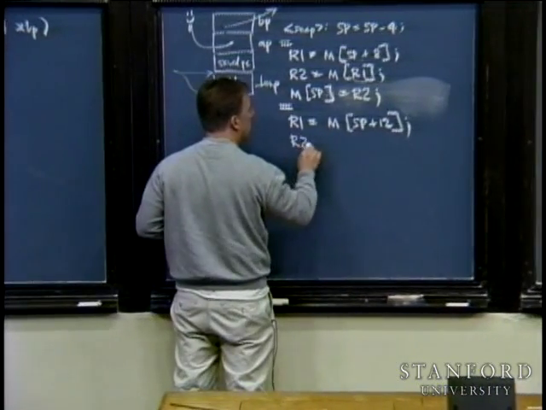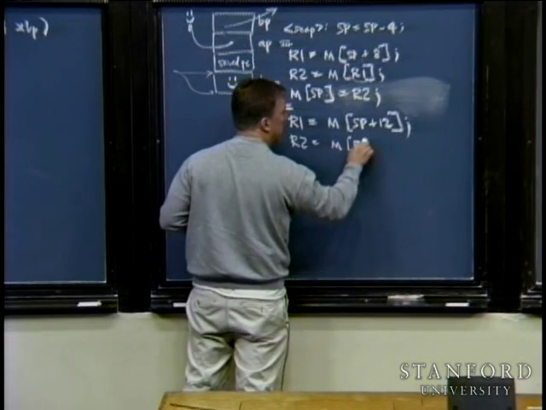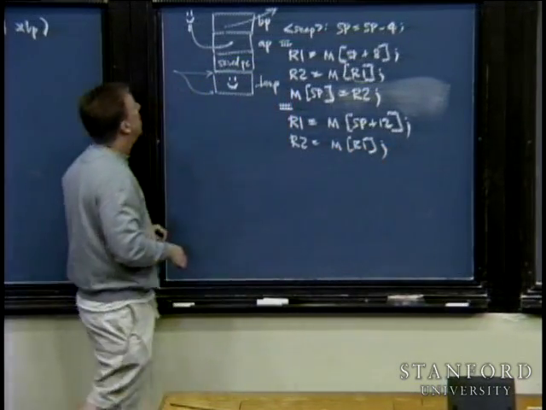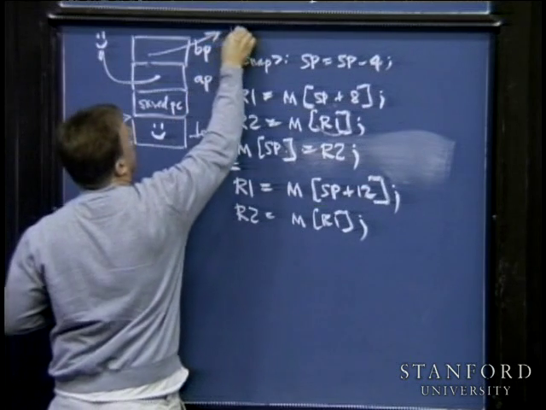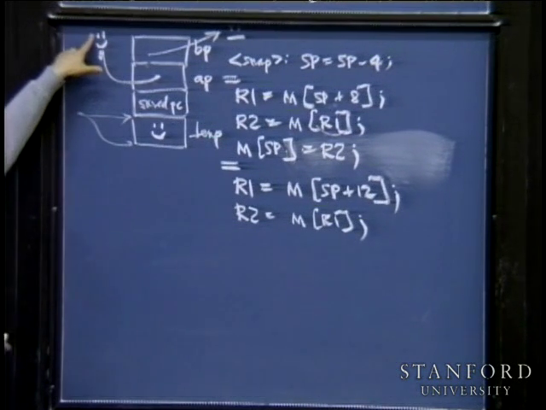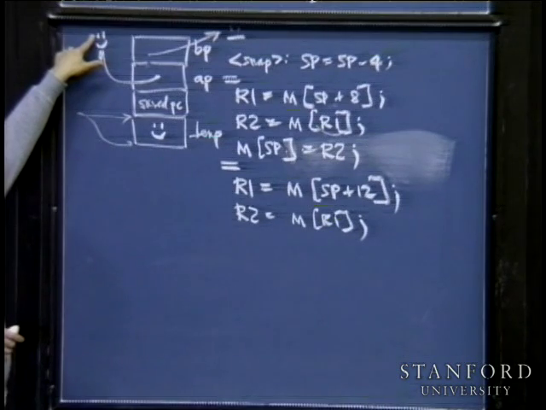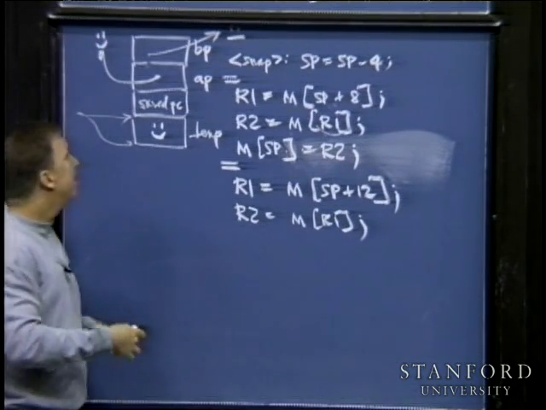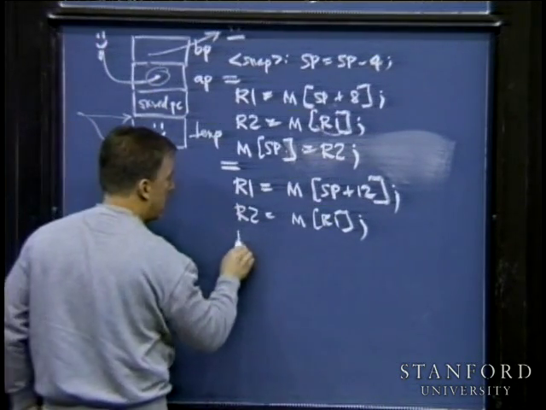In R2, I'll do M of R1, but R1 has a different value this time. Maybe it is the flat emoticon, and that gets loaded into the R2 register. That's what actually has to be written over this smiley face right there. Make sense? So in order for that to happen, I have to load this again.